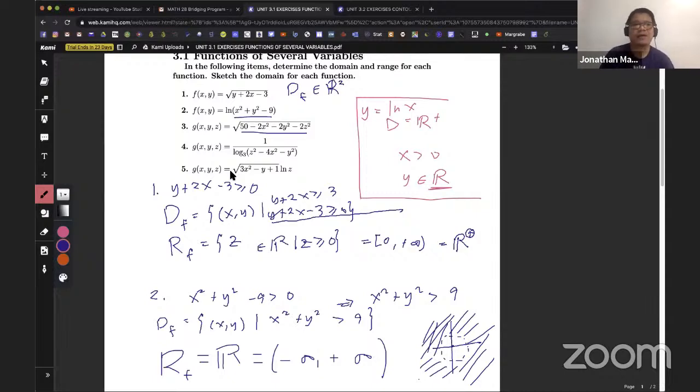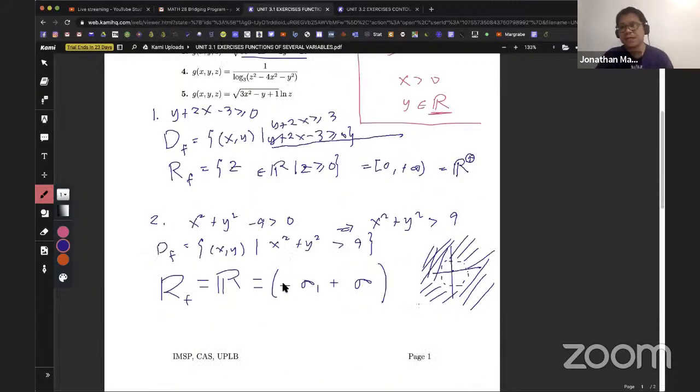If we have a function of 2 variables, the domain should be a subset of R2, or you will write the domain as the set of ordered pairs. If you have a function of 3 variables, the domain should be a subset of R3, or the set of ordered triples x, y, and z. As for the range, it will be any subset of real numbers.